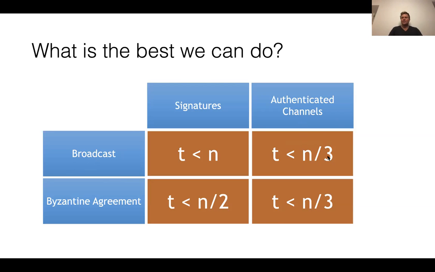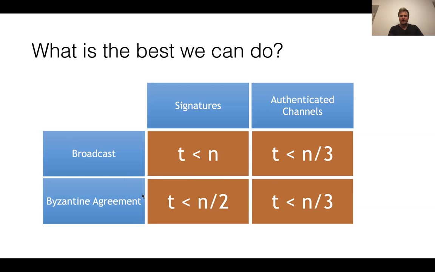So I know that this is optimal. I cannot do better than this bound. We talked about that in a previous video. And since n divided by 3 is less than n half, we're in the range where Byzantine agreement is possible. This is also optimal for Byzantine agreement, because as I just said, if I could solve Byzantine agreement, for example, for t equal n/3, I could also solve broadcast in that setting, and I can't.